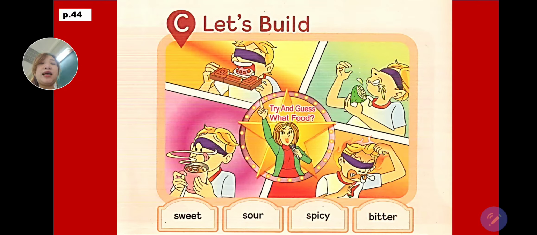So let's build. It is on page 44. On page 44.